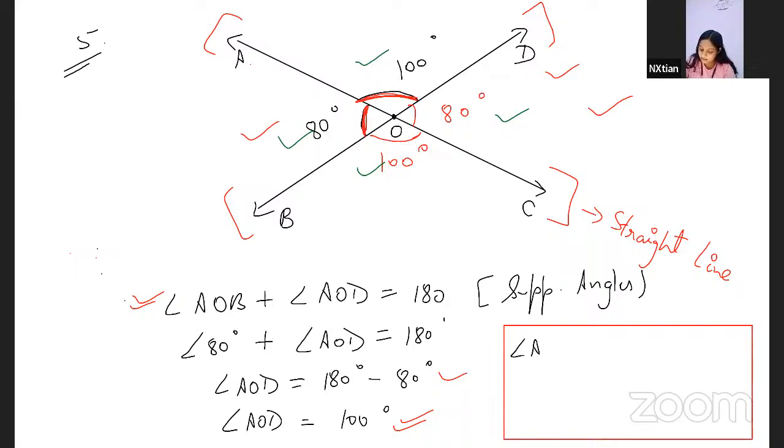Angle AOD equals angle AOC equals 100 degrees, vertically opposite angles.